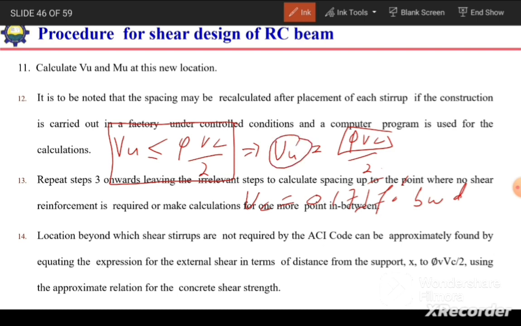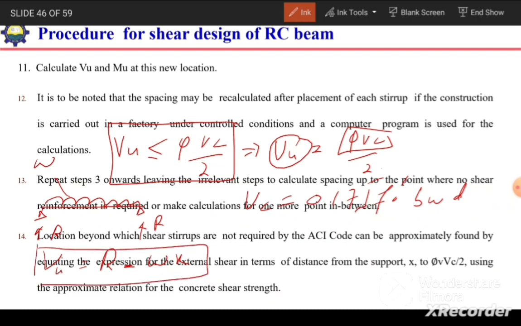And for VU we can write the equation in terms of X. For example, if we have a simply supported beam subjected to a uniformly distributed load W, and its reaction is, for example, R, then VU will be R minus Wx. So this will be our equation for the shear force VU, and we need to equate it with this one, and from this equation we can get the value of X.